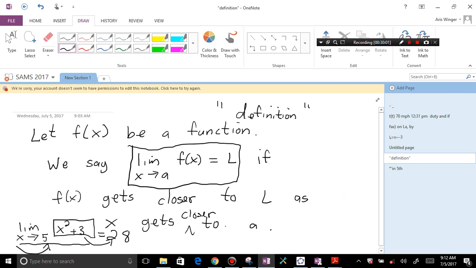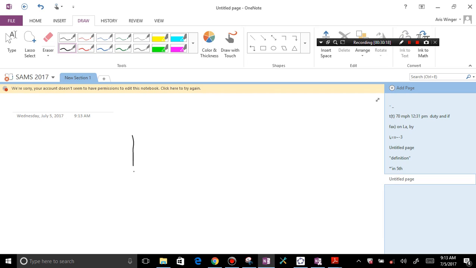I had mentioned to not write this down because this is not really what mathematicians had in mind. So here's why this is bad. If I give you 1 over x plus 1, it looks like this.